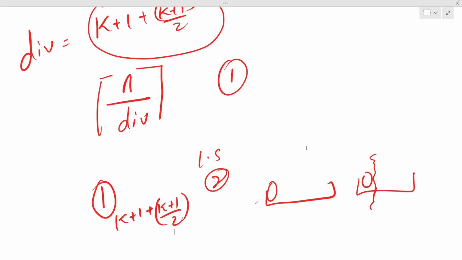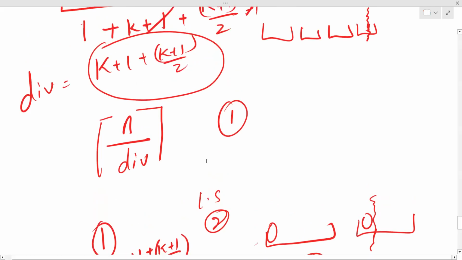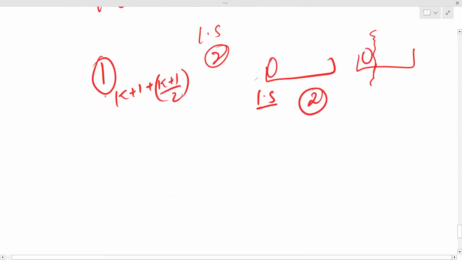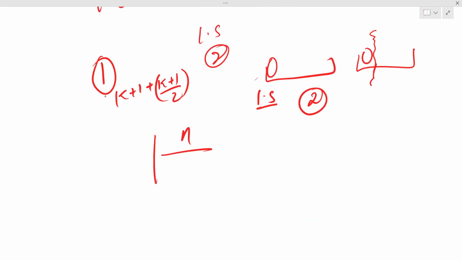Someone asked why we are taking ceil. Because if I have 1.5 blocks, I'll have 2 ones. Okay, so this is clear. So this way, the ceil of n divided by the div value is going to give me the number of ones. Now, how to get the number of twos?